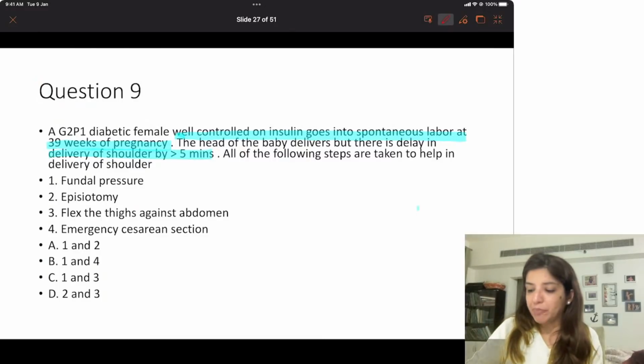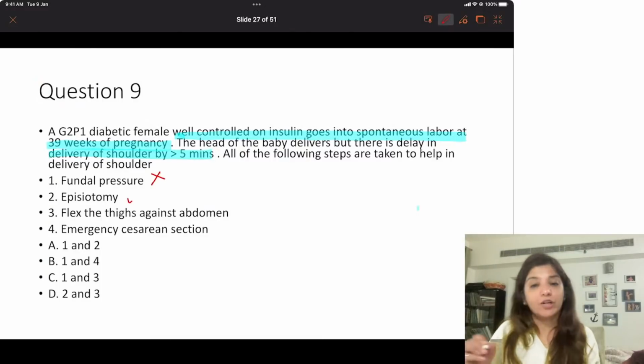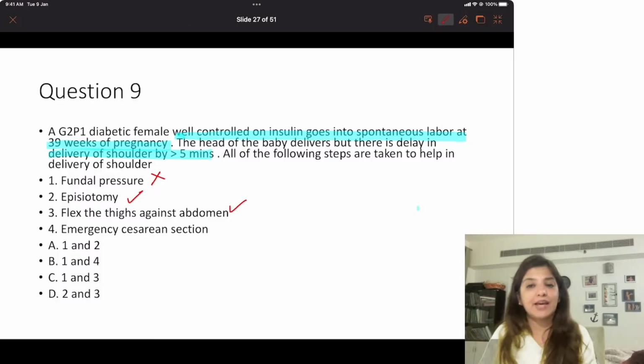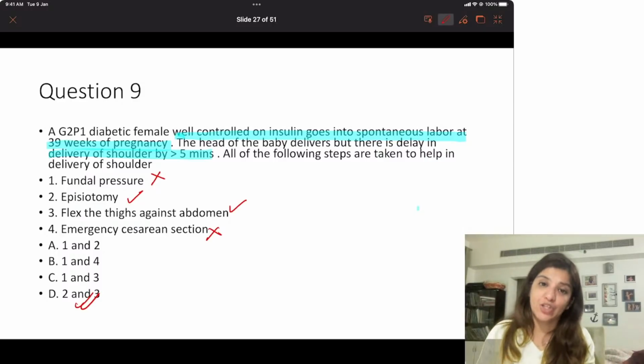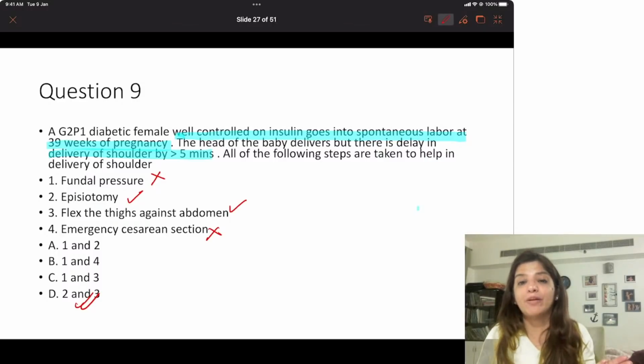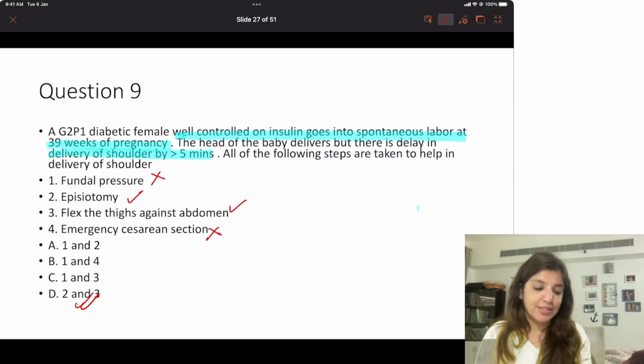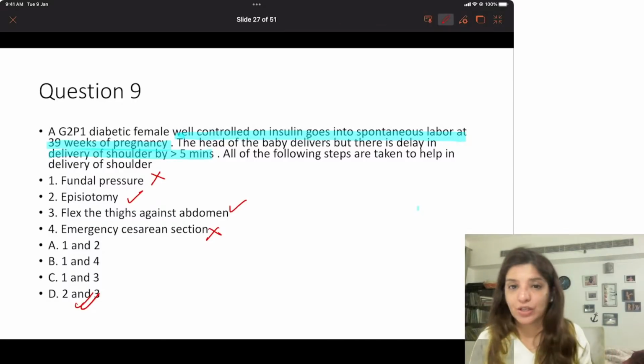Clear? So fundal pressure, it is not given. Episiotomy is given. Flex the thighs against the abdomen, right. Emergency Cesarean section, wrong. So the answer over here is option D, 2 and 3. Now, if they ask you what is the most common maternal complication of shoulder dystocia, it is PPH. If they ask you what is the most common neonatal or fetal complication, it is Erb's paralysis, that is brachial plexus injury.